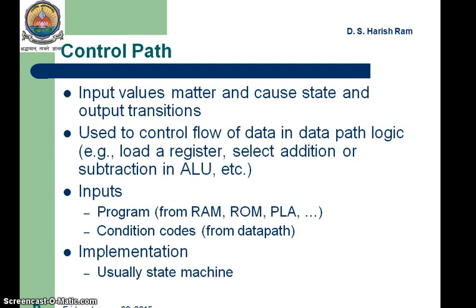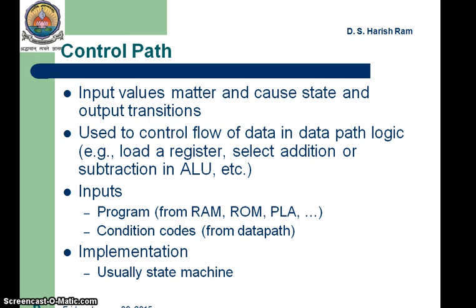Now coming to the control path, you can see here that unlike the data path, the values of the inputs, the logic levels of the inputs are significant. In a data path, the input values are not significant in the sense that the values of the operands will not influence the functioning of the data path elements.